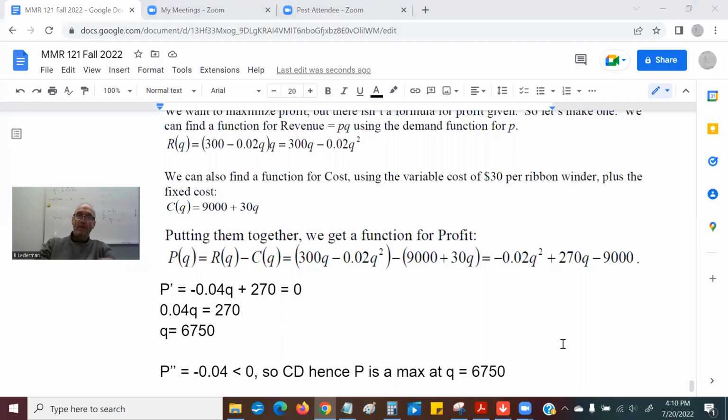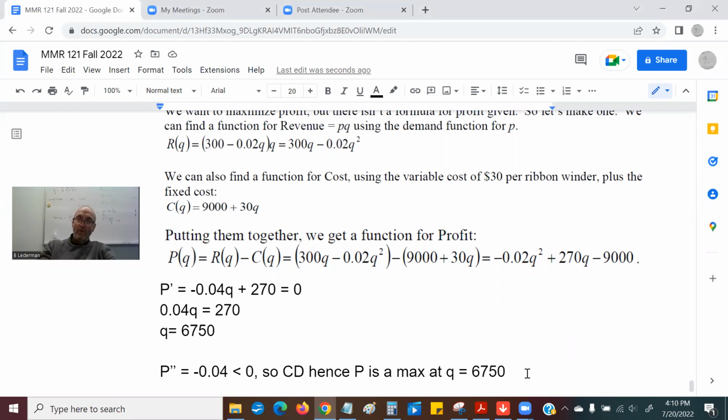And of course, since this is the only critical point, it's a global max. This is the global max, and that's it. I don't even have to bother checking the endpoints. There's no other possibility. And there we go. We've done it.